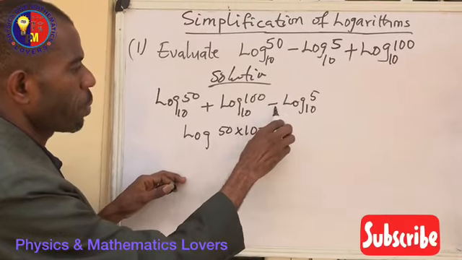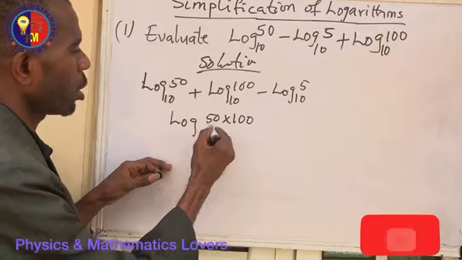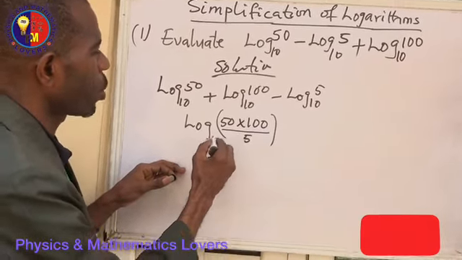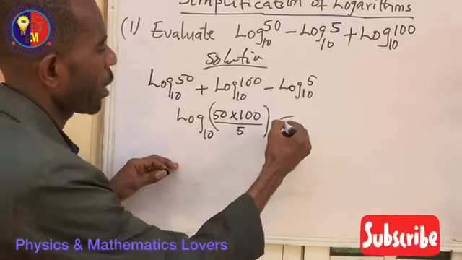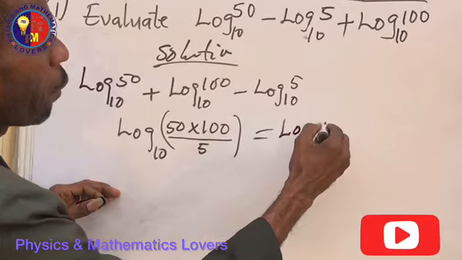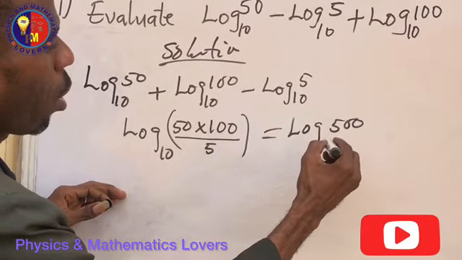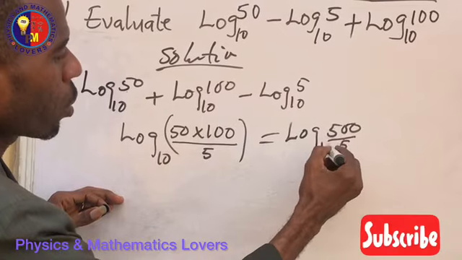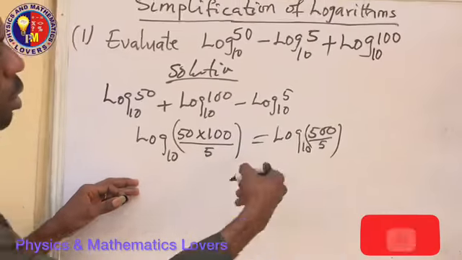Because of this minus, I am going to divide this one by 5. So I will have a common base 10. So 50 times 100 gives me log 5,000 all over 5 to base 10.